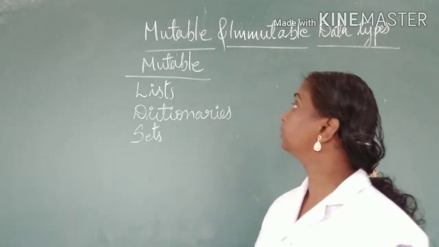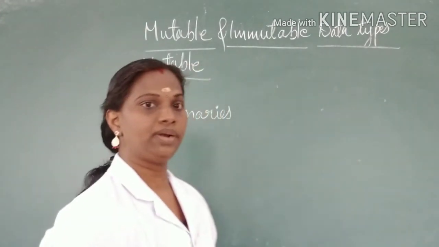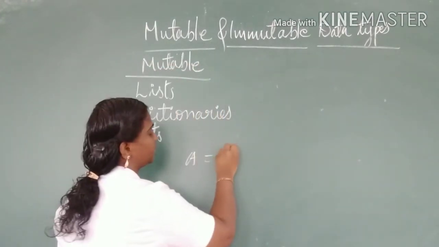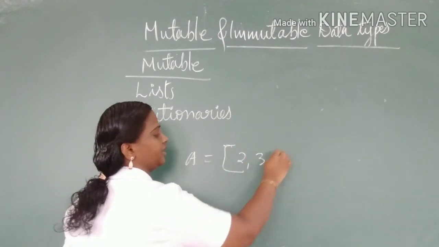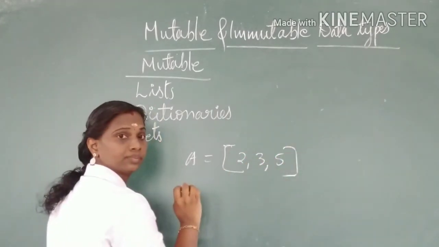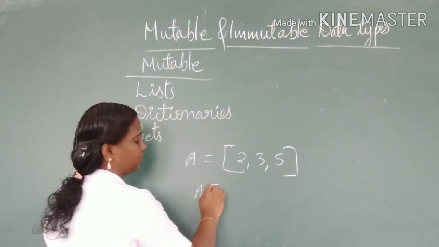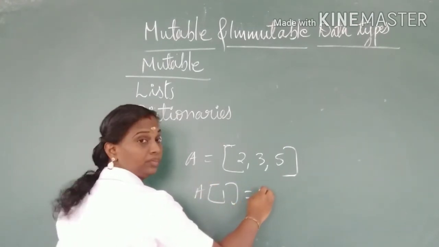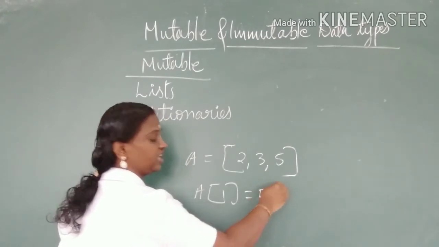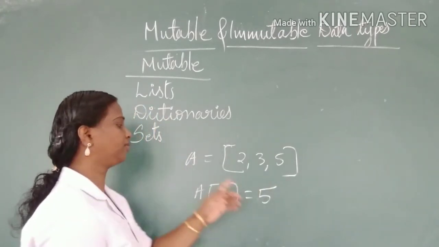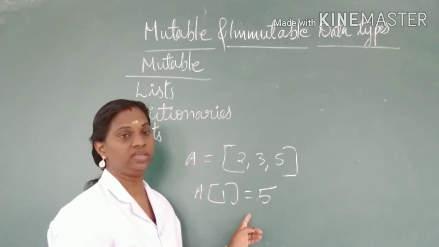See here, I give an example. A is equal to a collection 2, 3, 5. Then you can change A of 1. A of 1 is equal to 5. You can change like that. Then the A of 1 position will change.